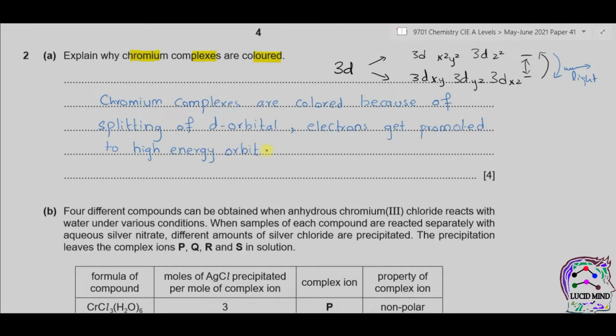And this happens because the electrons absorb some frequency of light. And when electrons jump back into the lower energy orbital, the complementary color is seen.